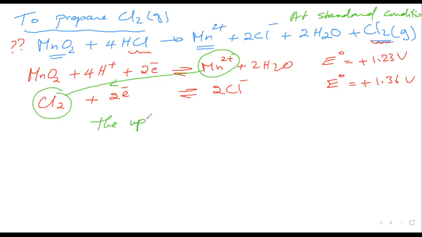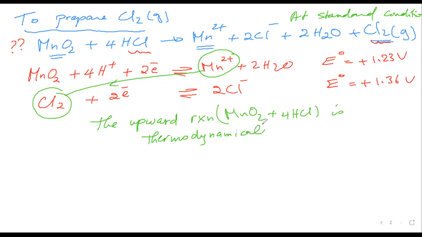The upward reaction, which is the reaction between MnO2 plus HCl, is thermodynamically not feasible, or it is unfavorable. Okay, understand till now, or do you want me to repeat?